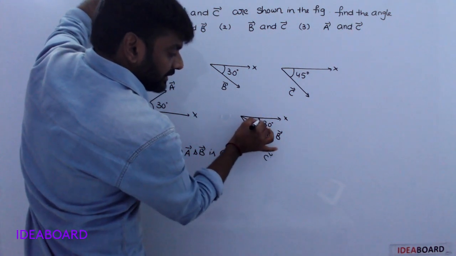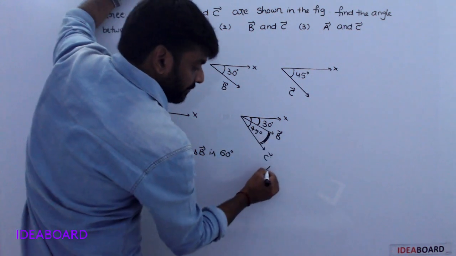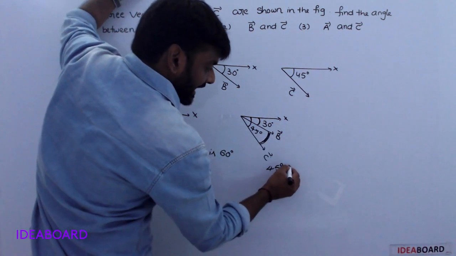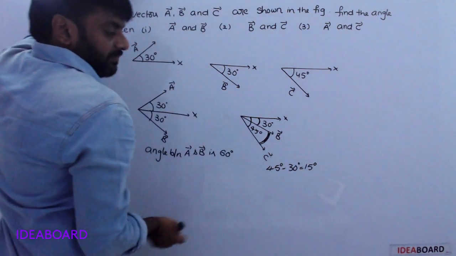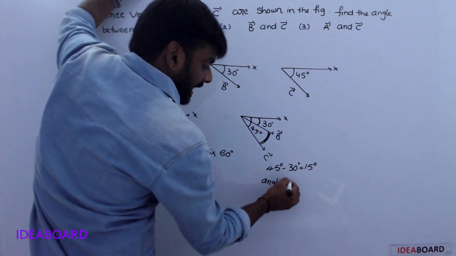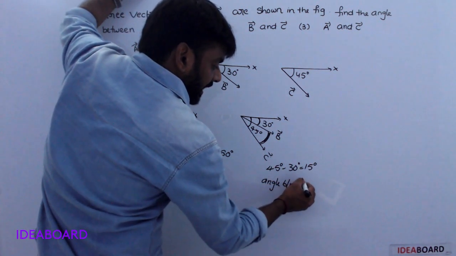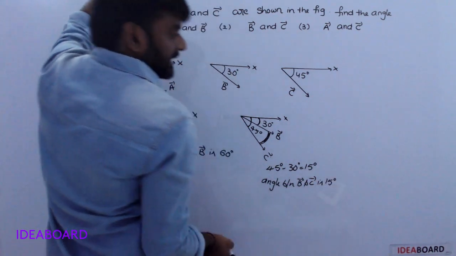This is 45. This is 30. Required one is this one. So 45 degrees minus 30 degrees is equal to 15 degrees. Okay. The angle between B bar and C bar is 15 degrees.